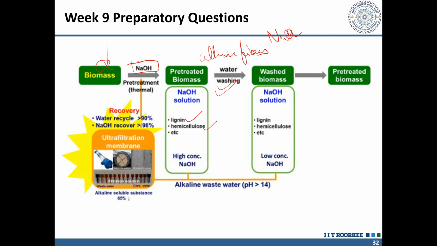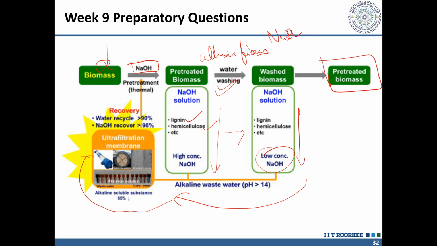So we do washing with water, and then we get a low concentration of NaOH. During the treatment we have a high concentration of NaOH, and after washing we get a low concentration of NaOH, which we can recycle and reuse again for pretreatment. After this we get pretreated biomass, which is mostly cellulose. Most of the lignin has been removed in this process, and some types of hemicellulose are also removed. Mostly we get cellulose here.